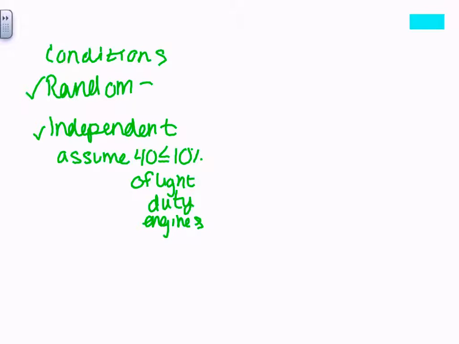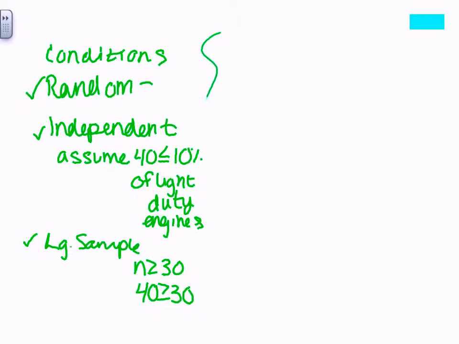And then your large sample condition. Because it's a mean, I'm not going to call it a large counts condition anymore. To check for it being normal, we need a large enough sample, so we needed n to be greater than or equal to 30, and our sample here is 40, and so our conditions are met. We can construct a confidence interval.